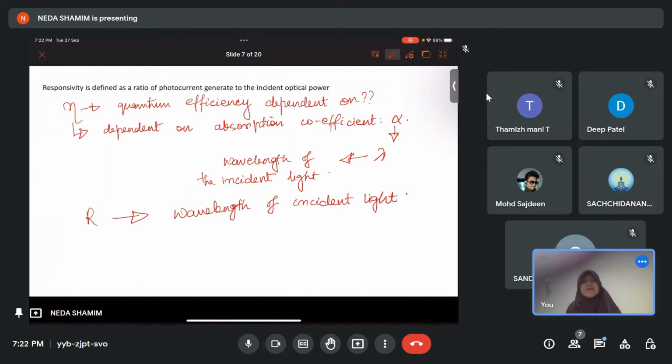If the energy of the incident light is less than the band gap energy, it will not be absorbed and my photodetector will not detect any signal. No photon will be converted into photocurrent. Is it clear?